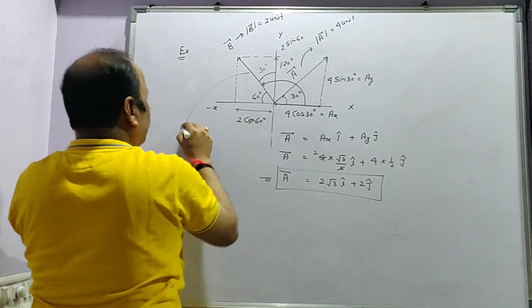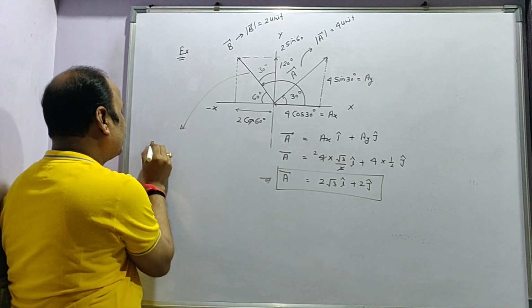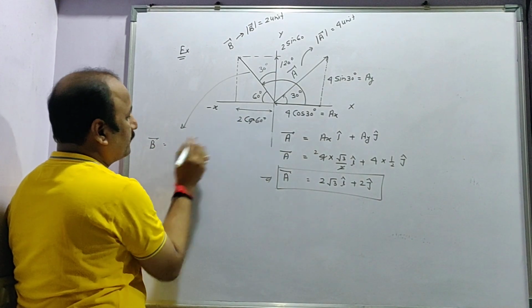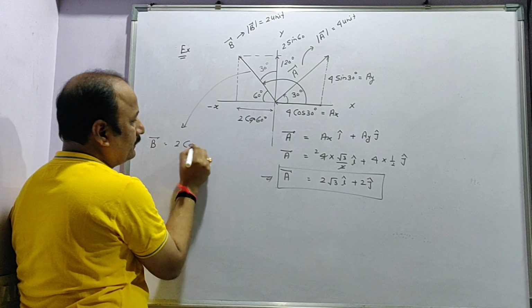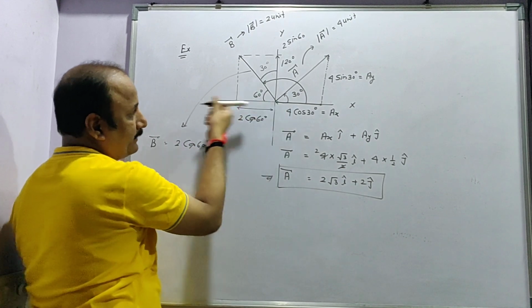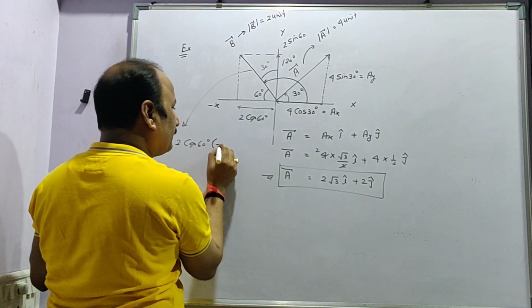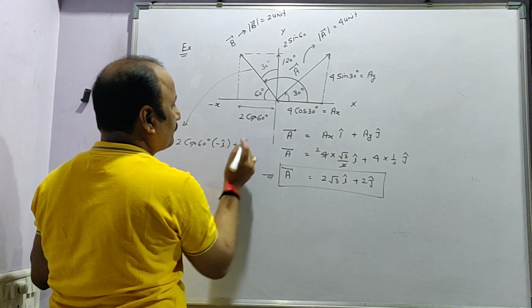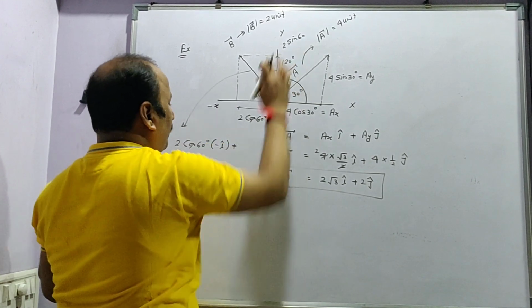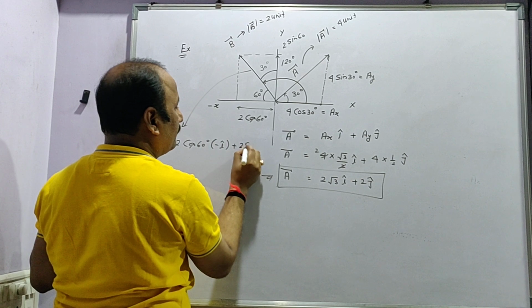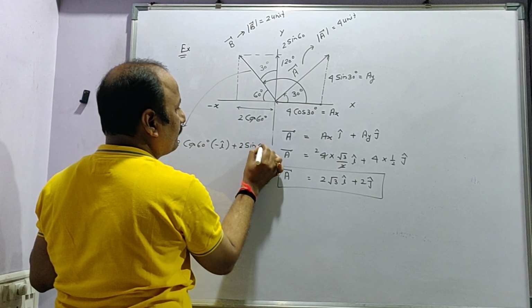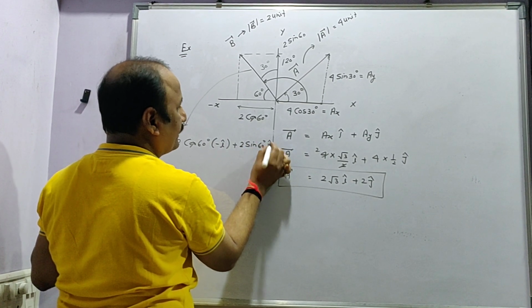So this vector can be written in polar form. B vector: 2 cos 60 is the magnitude and the direction is along negative x-axis, so multiply by minus I cap, plus the vector along y-axis, that is 2 sin 60, j cap.